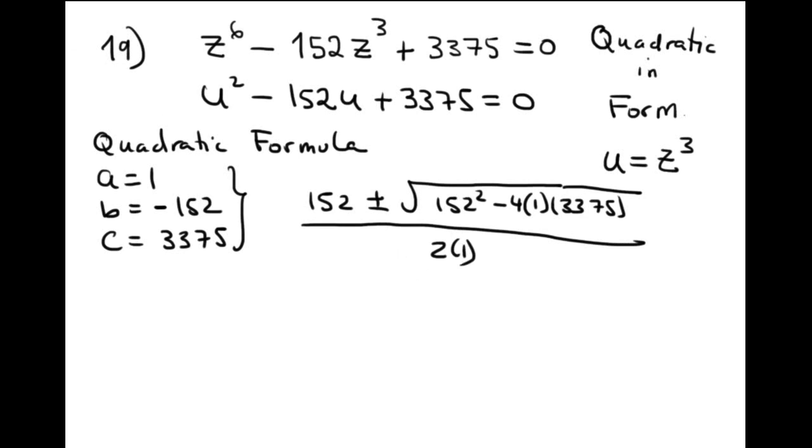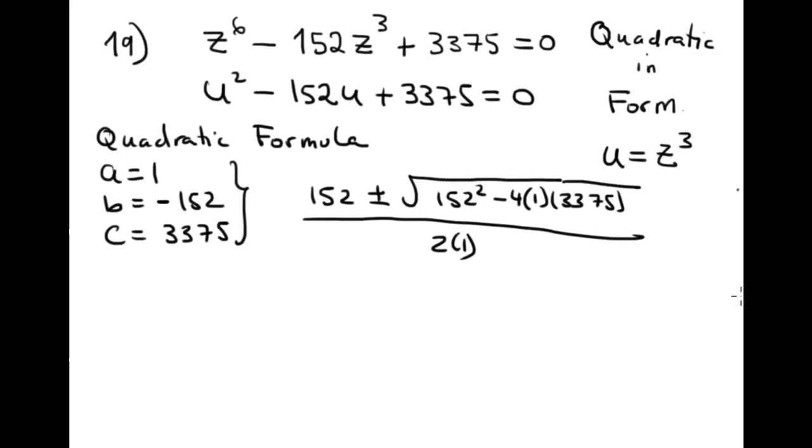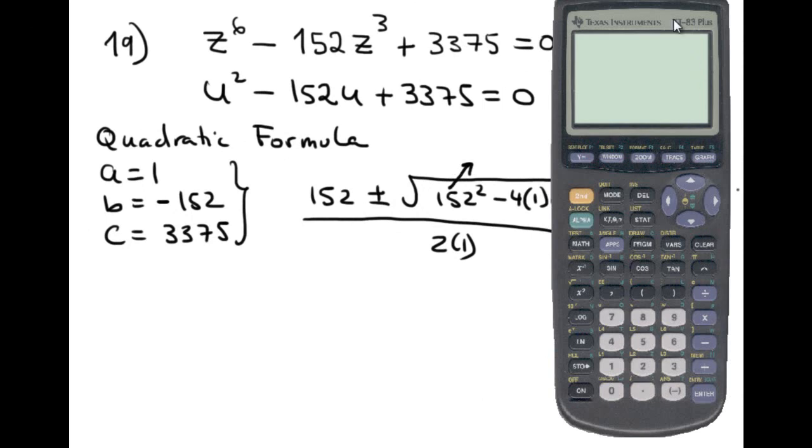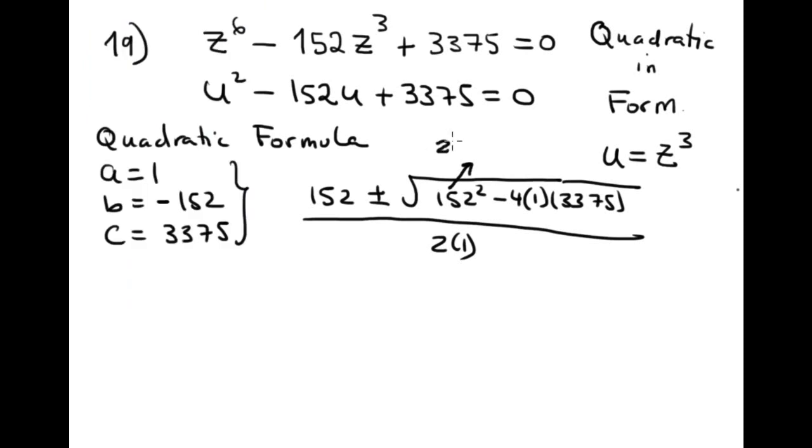Okay, now calculator. 152 squared is, let me use the calculator, 23,104.